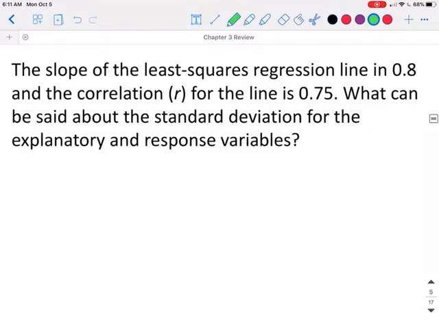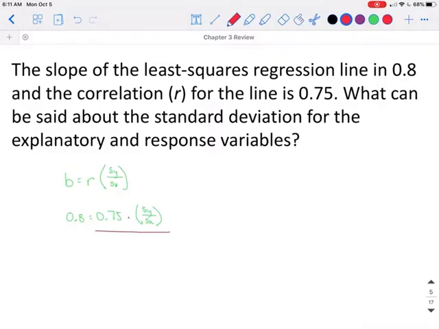The slope of the least squares regression line is 0.8, and the correlation R is 0.75. What can be said about the standard deviation of the explanatory and response variables? Now, if you remember, slope is R times the standard deviation of y over the standard deviation of x. So if we know that the slope is 0.8 and we know that the correlation is 0.75, we can find some information about the standard deviations.